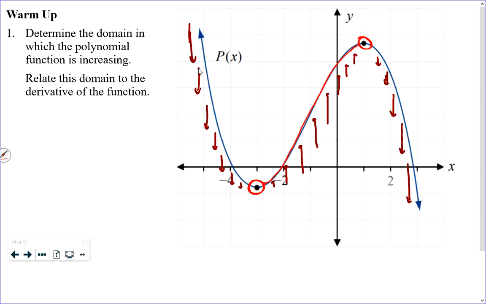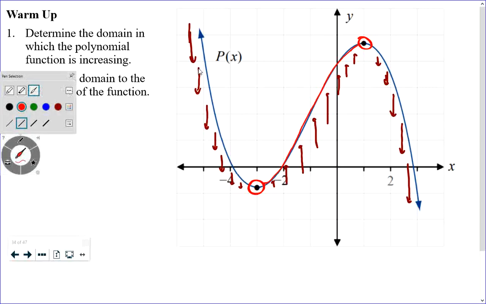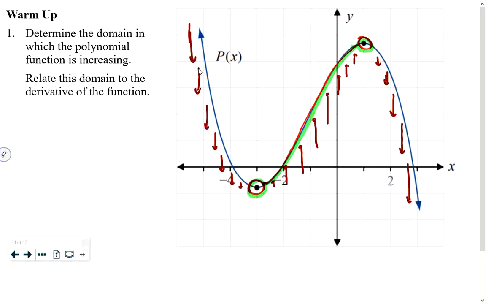You're saying, where is the function increasing? I wonder if this will work. I suppose it will. I'll just have to use a thin line. It is not increasing here. It is not increasing here, but it is increasing everywhere there. I had to put that line because otherwise my program just connects the 2 endpoints with a straight line.